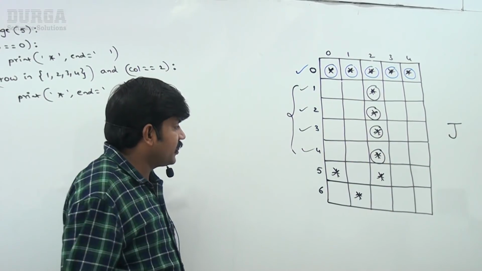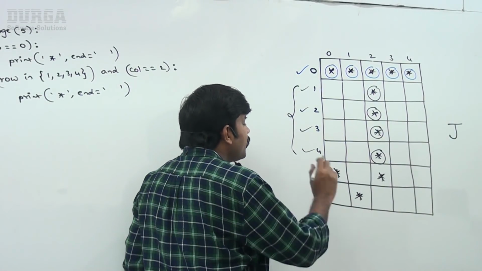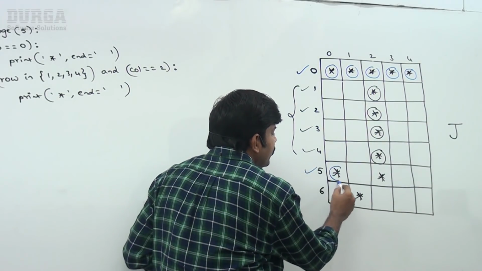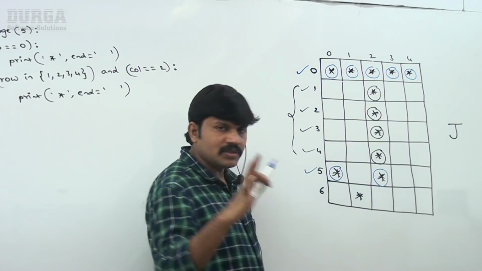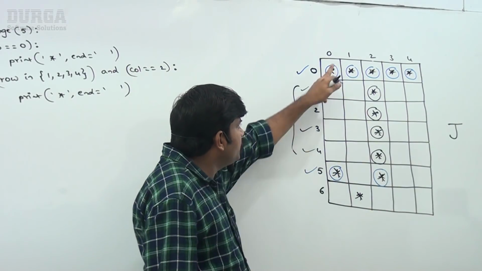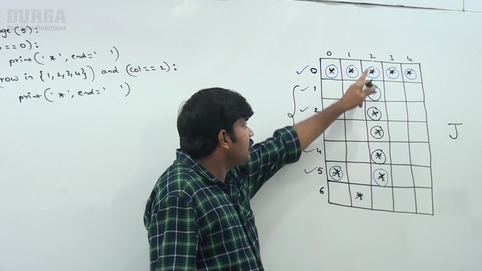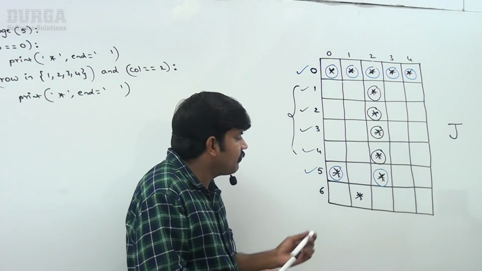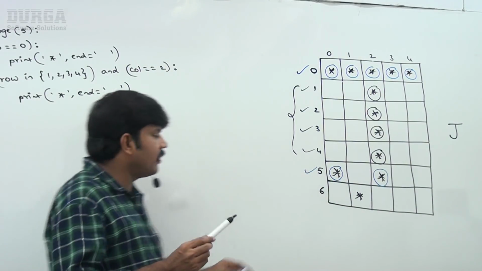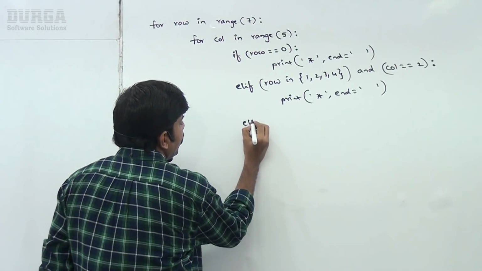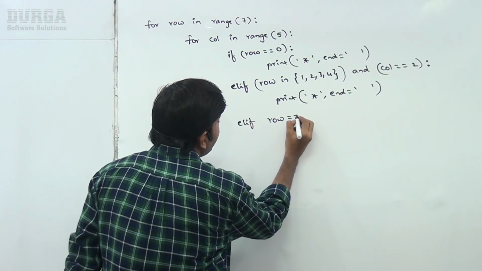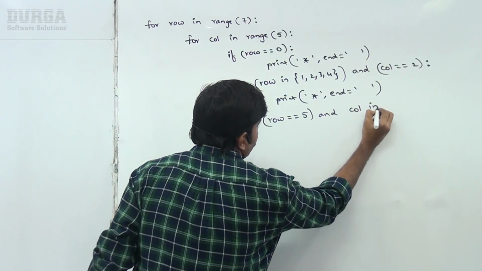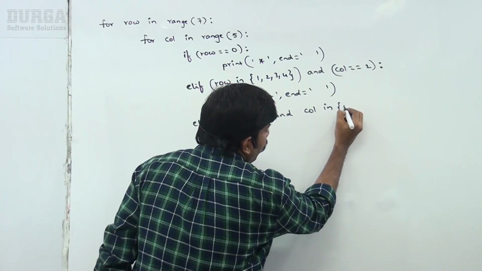Now what is the next one? How many star symbols does the fifth row contain? The fifth row again has 2 star symbols. No similar row. So the 0th column and the second column have a star symbol if row is 5. Now observe, elif row is equal to 5 and col in 0, 2.